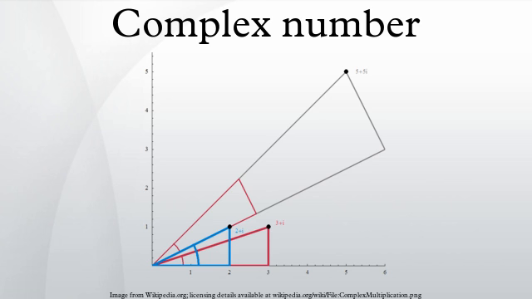Properties, field structure. The set C of complex numbers is a field. Briefly, this means that the following facts hold. First, any two complex numbers can be added and multiplied to yield another complex number. Second, for any complex number z, its additive inverse -z is also a complex number.